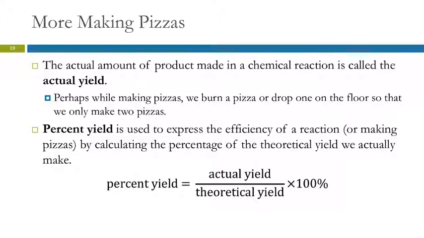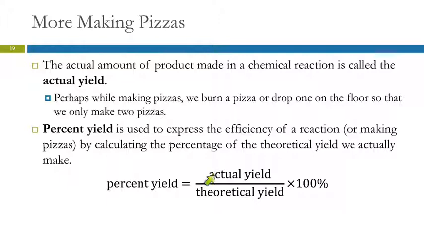In chemical reactions, stuff happens as well. And so we don't always make exactly the amount that we think we're going to. So we typically express how well the reaction goes as a percent yield. Use percent yield to express the efficiency of the reaction. So percent is the part over the whole times 100.